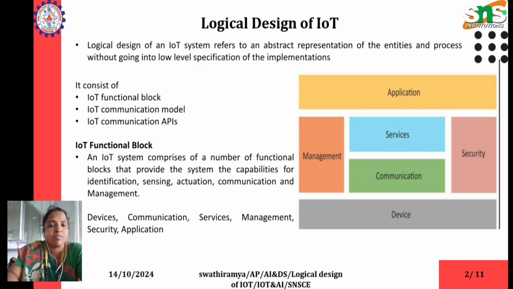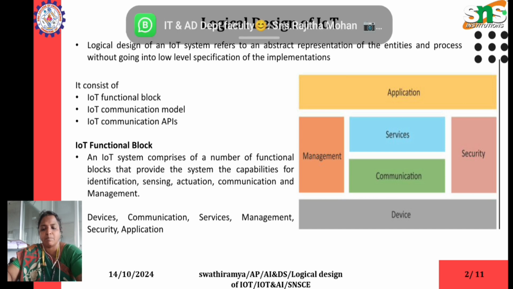Last class we were discussing what all the components of an IoT system are and how it has been designed physically. Now we are going to discuss the logical design of IoT. The logical design of IoT is the abstract representation of entire entities and the process without going into the low-level specification of implementation.